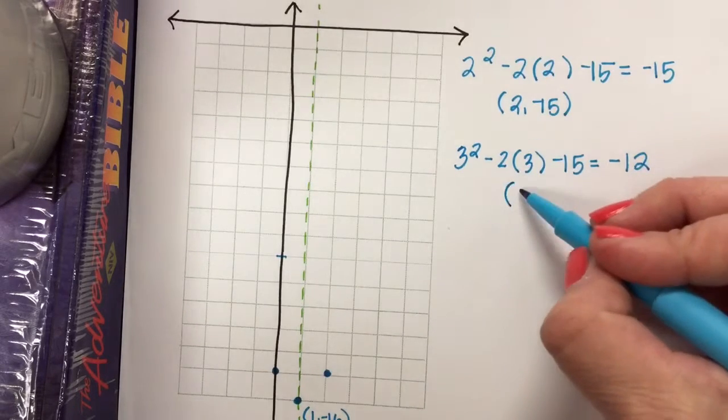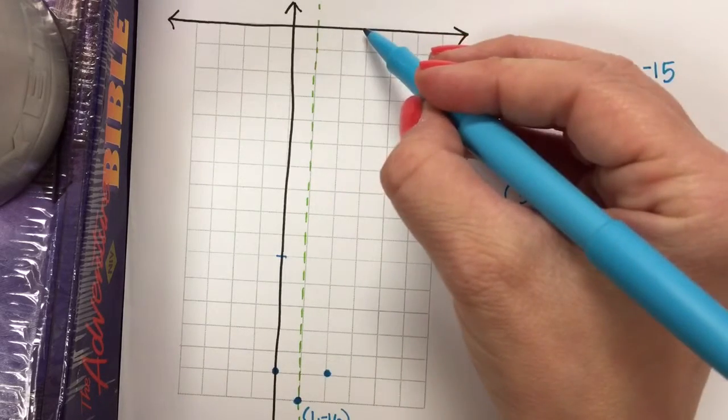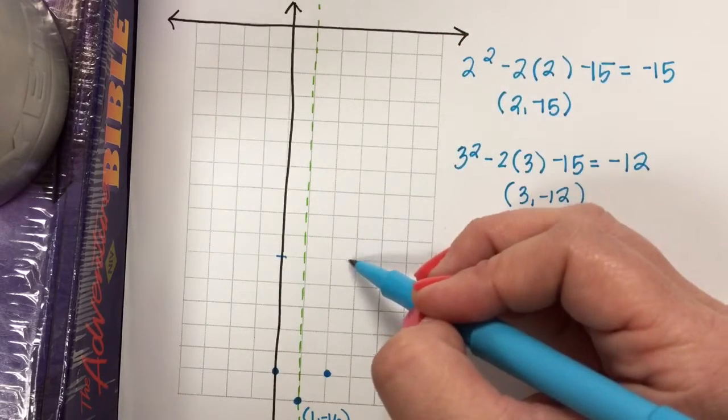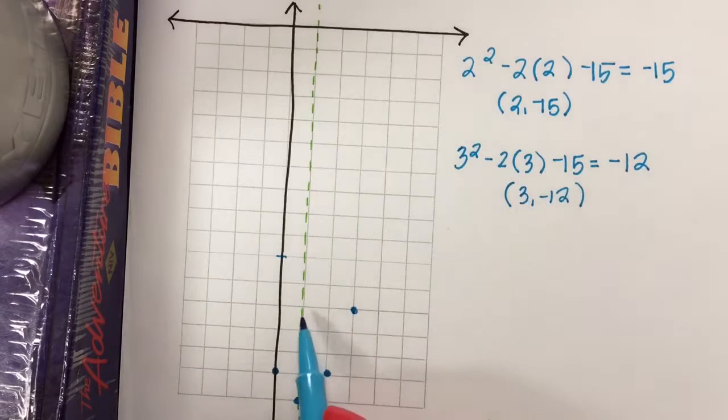That gives me the point 3, negative 12. So 2 to the right is at negative 12, and 2 to the left of my axis of symmetry has to be negative 12.